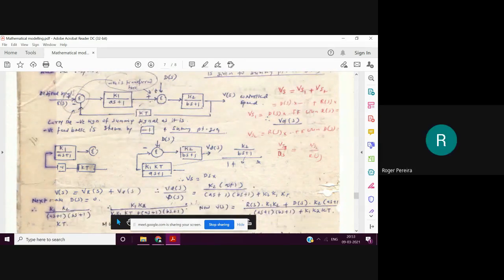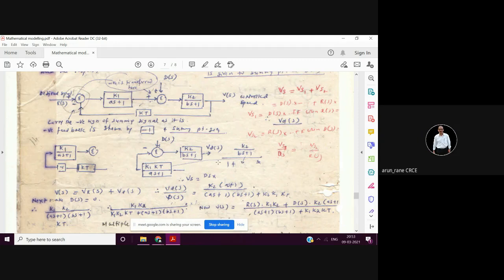Now it is simple. If you imagine, this whole thing has gone, so you have a takeoff here, and this is one single box. These two blocks are now in parallel with negative feedback.